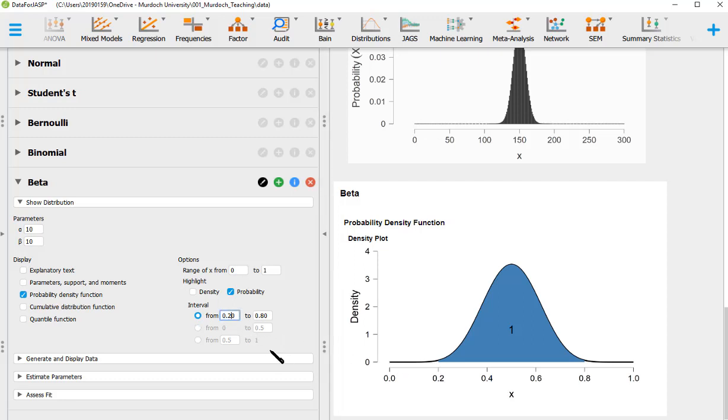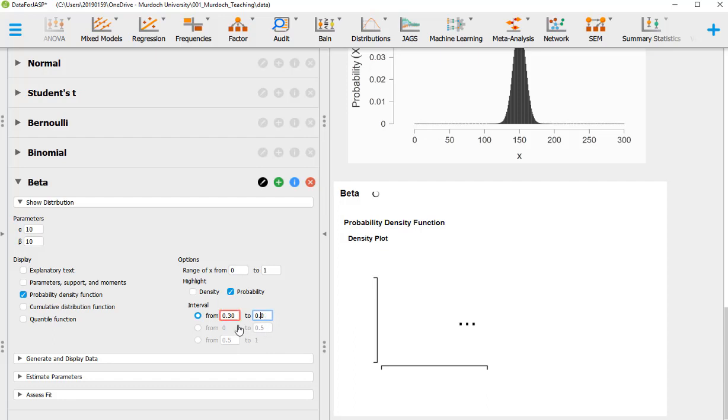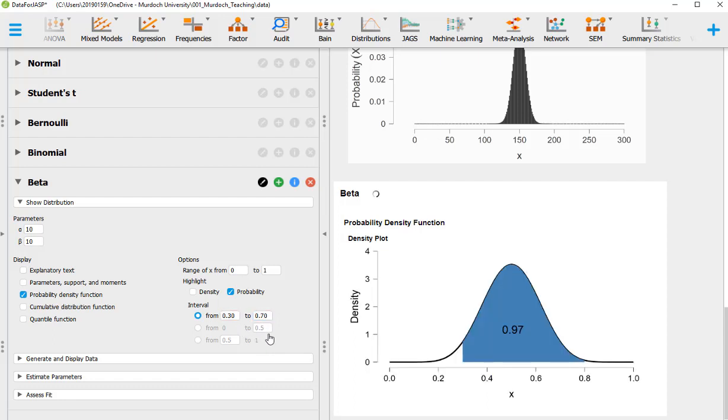Let's see when we get a non-1 probability for an interval. Let's move to an interval from 0.3 to 0.7. In this case, we obtain that 93% of the probability is between the values 0.3 and 0.7.